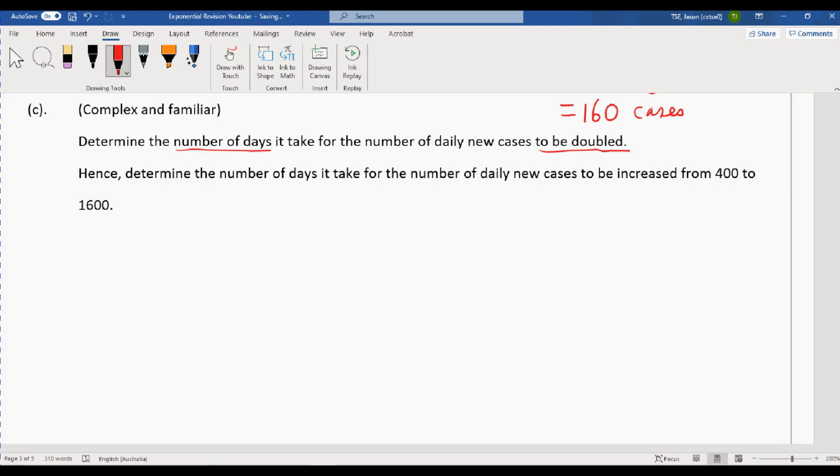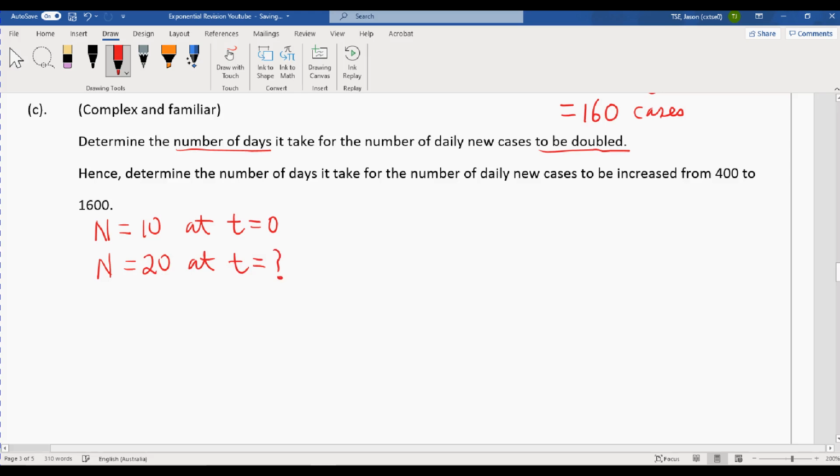So when the number of cases double, it should be 20, right? So let's say n equals 10 at t equals 0. But now you're going to double it, so it's 20 at t equals something. We don't know the time, so you need to solve for t.